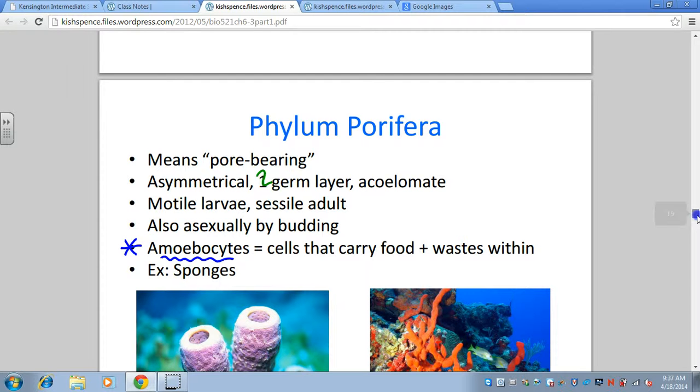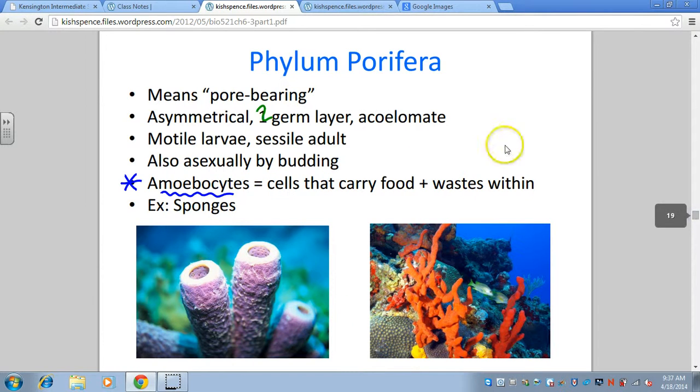First phylum is phylum Porifera, and its common name means pore-bearing, so the pore-bearing animals. When you see Porifera, it has lots of pores. The animals that have lots of pores or holes in them are sponges.